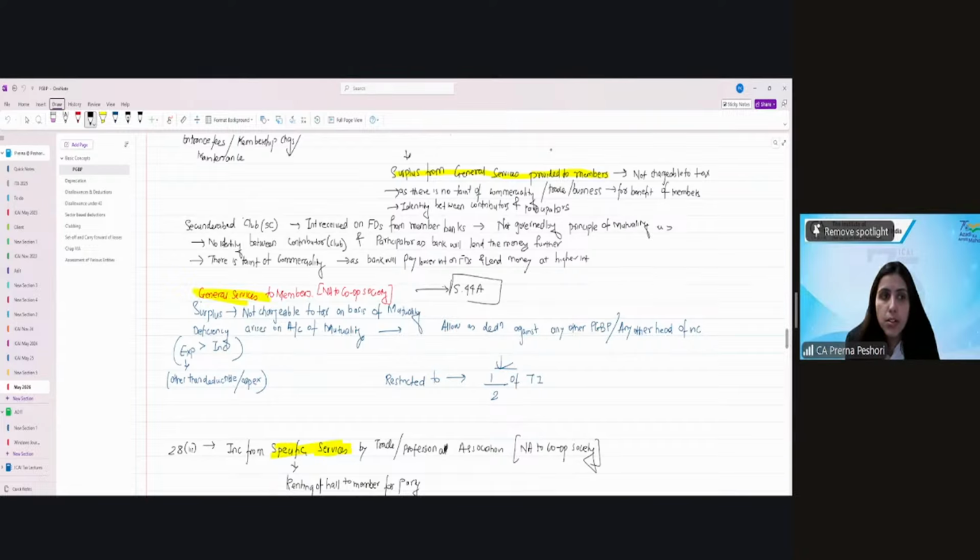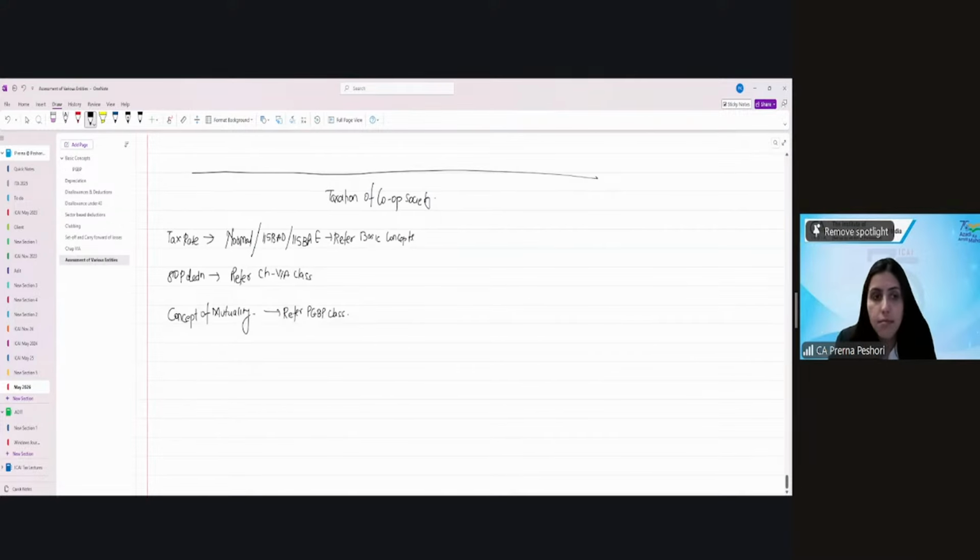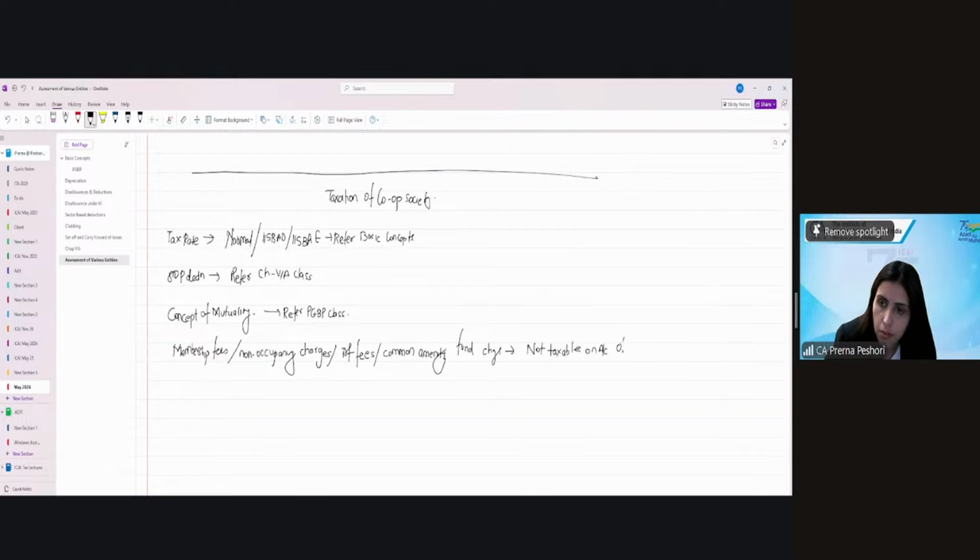So you can just write it over here: membership fees, non-occupancy charges, then transfer fees, common amenity fund charges, not taxable on account of mutuality.